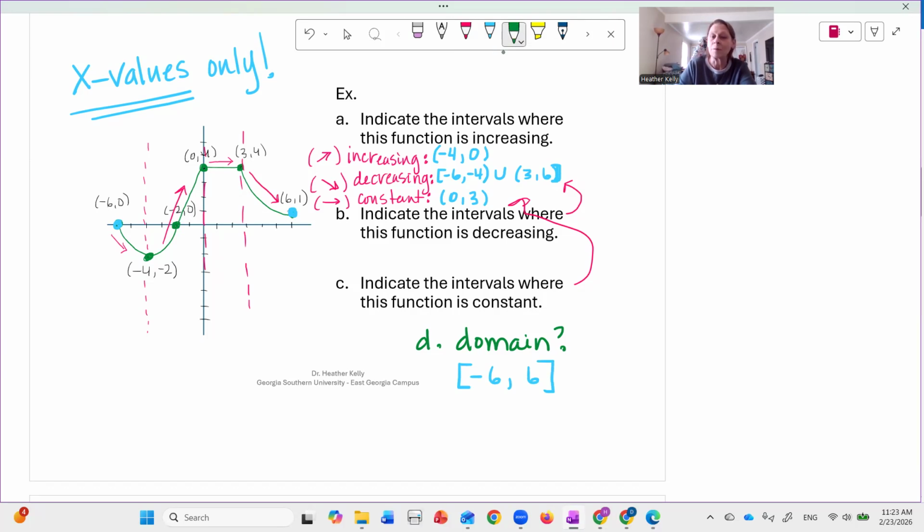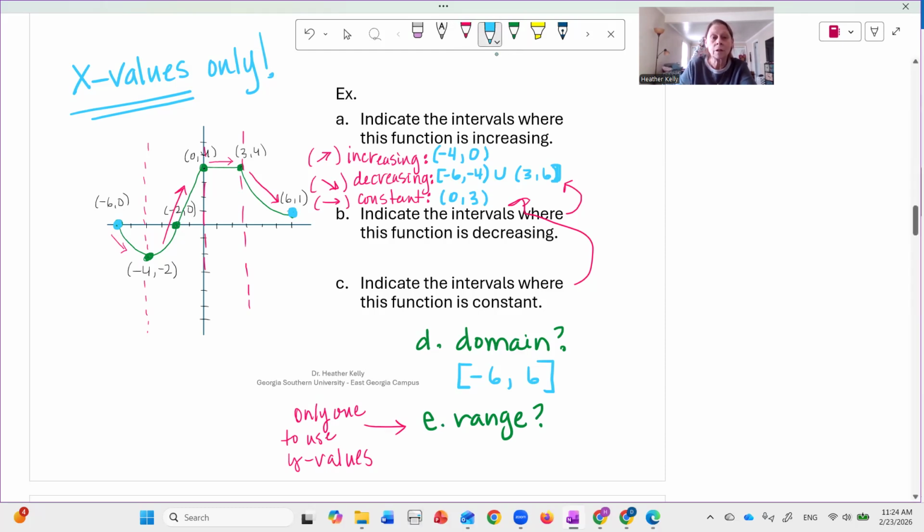Can you predict my next question? Yeah, range. This is, again, the only one that we use Y values. Okay.